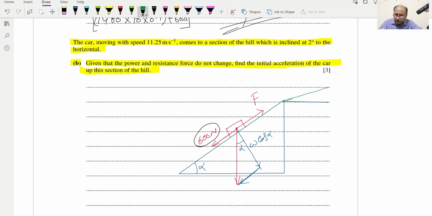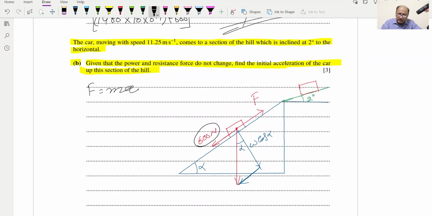Now its inclination is changed, and this is like 2 degree with the horizontal, and now the car reaches over here, and rest of everything remains same. So we can apply F is equal to ma for this situation.